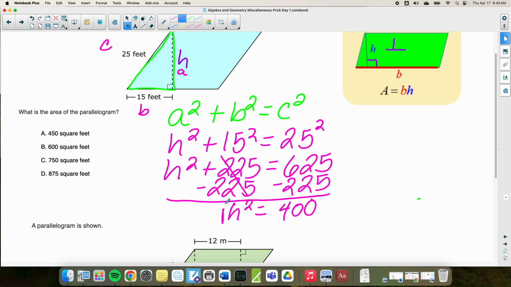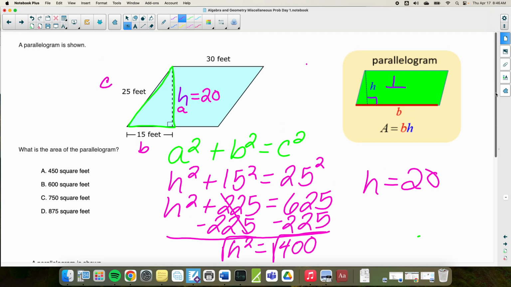And then I'd have to take the square root of 400. I would think they'd let you use a calculator here, but do you know what number times itself gives you 400? 20. Yeah, good. So that is 20. Oh, but that's not our answer yet. That is just our height.